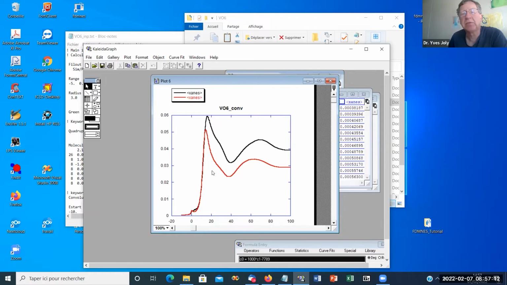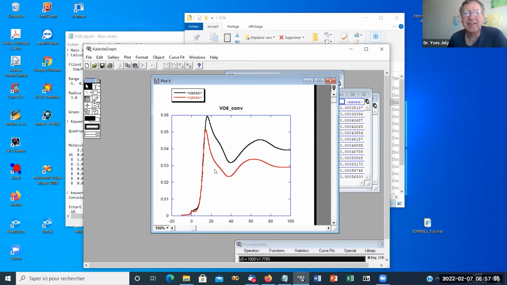So there are some differences here. But after, you can see the shape is roughly of the same kind. It's because it's an octahedron. Of course, the edges are not at all at the same energy because it's iron edge versus vanadium edge. But anyway, it's interesting to see that it's typically the same kind of shape, typical of an octahedron. You can see that the shoulder is smaller than here. And if you would compare with experiment, you could check that it's the same in the experiment, that it's smaller in iron than in vanadium.